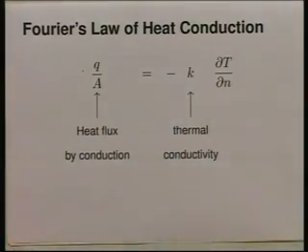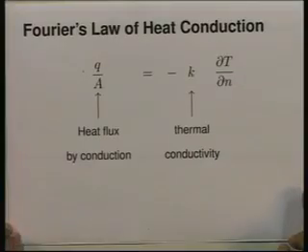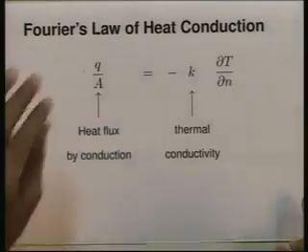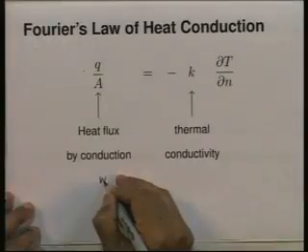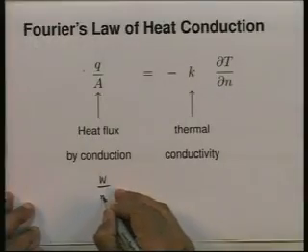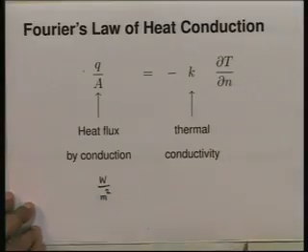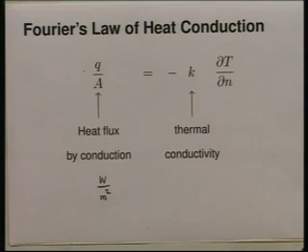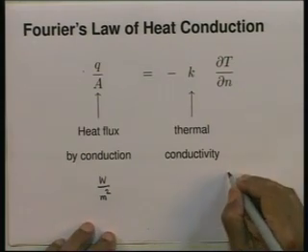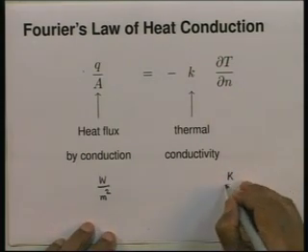But first, let us look at the units of the quantities involved. Q by A is the heat flux by conduction in a particular direction. Q by A stands for the heat flow rate per unit area. So, the units would always be watts per meter squared. The gradient of temperature dT dn would be in degrees Kelvin per meter.